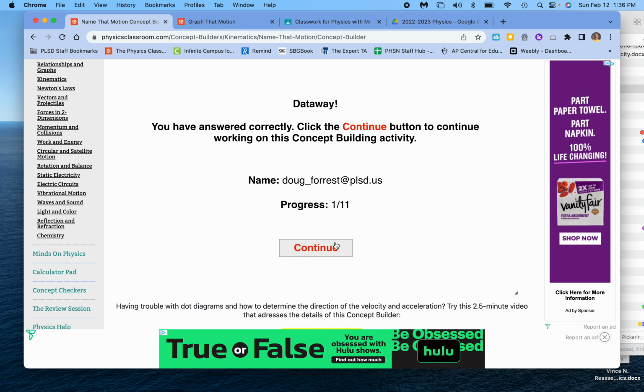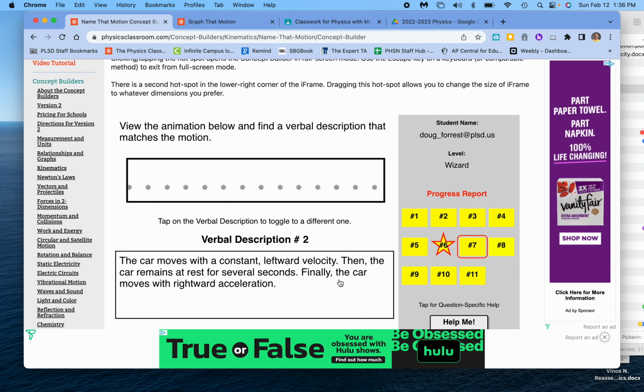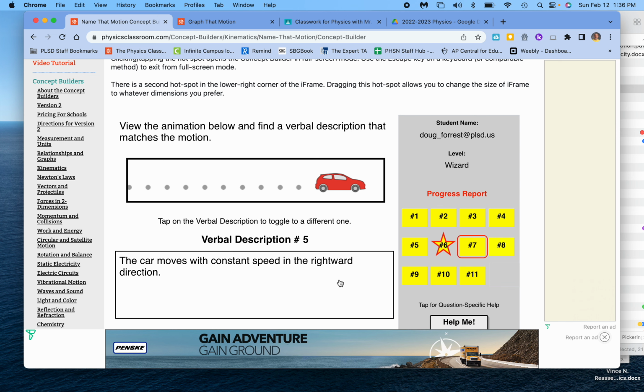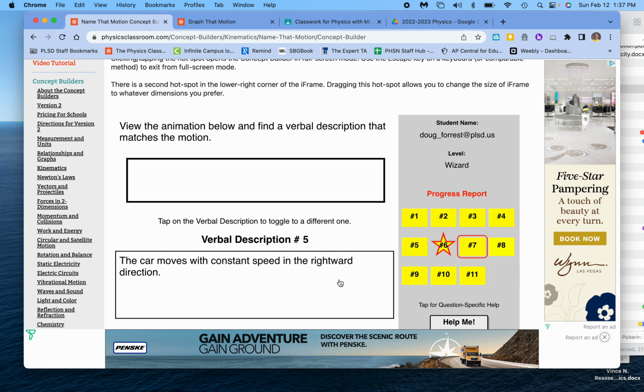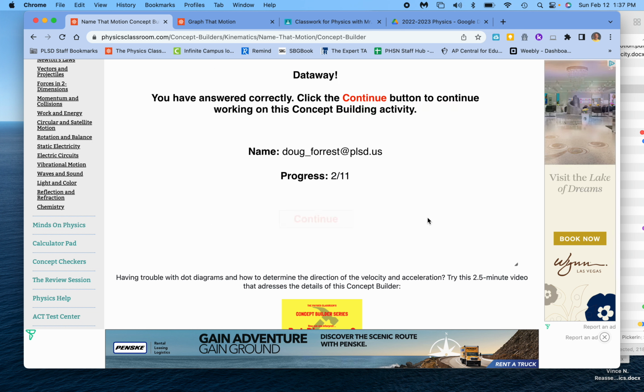That looks good. I'll try one other one here. Should be pretty straightforward. There is no acceleration with that. It's not accelerating. That seems reasonable. I'll check that, and that looks pretty good.